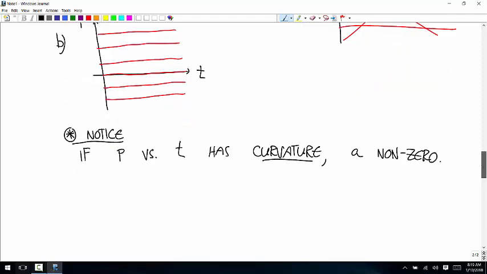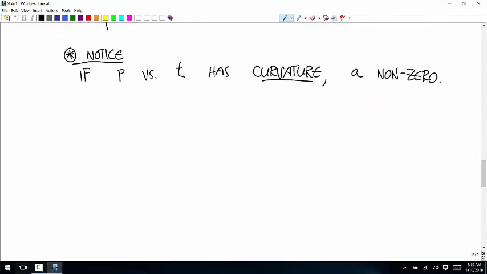Okay, so now let's talk about moving between position, velocity, and acceleration.